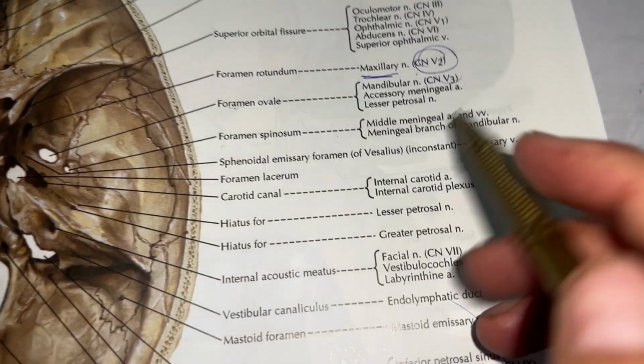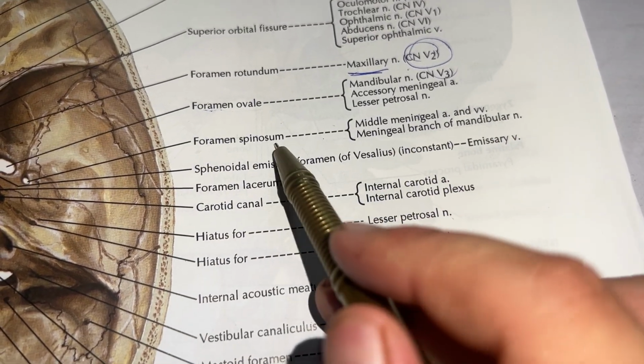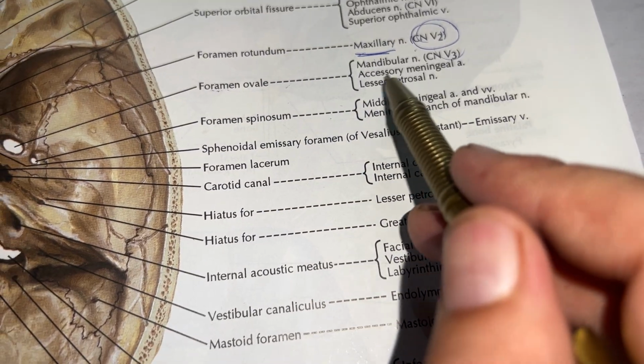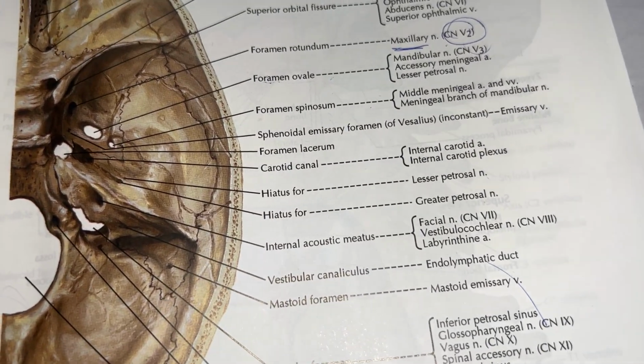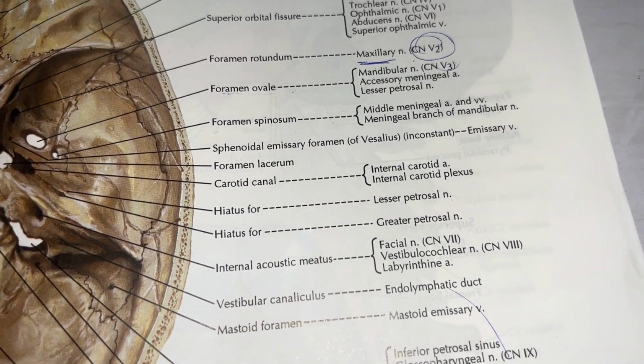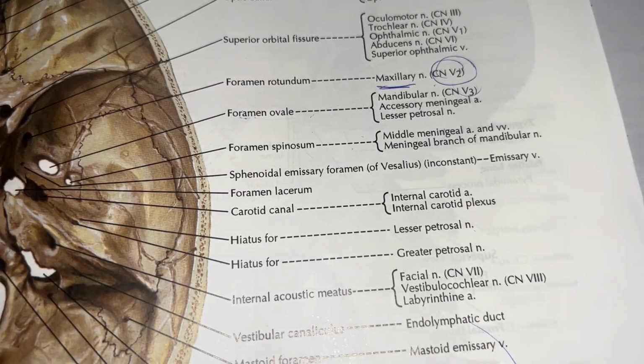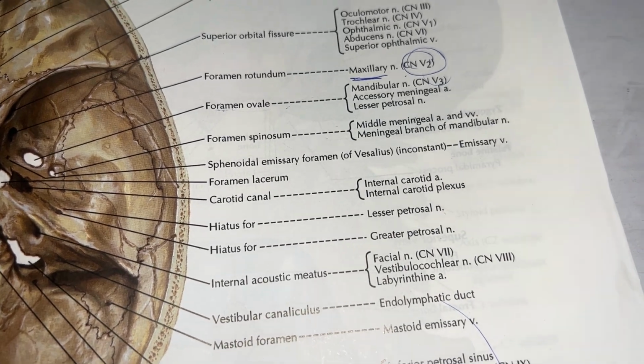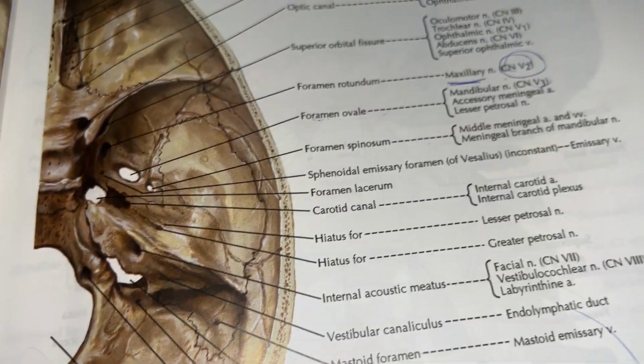The mandibular nerve, accessory meningeal artery, lesser petrosal nerve, and it also transmits emissary veins.